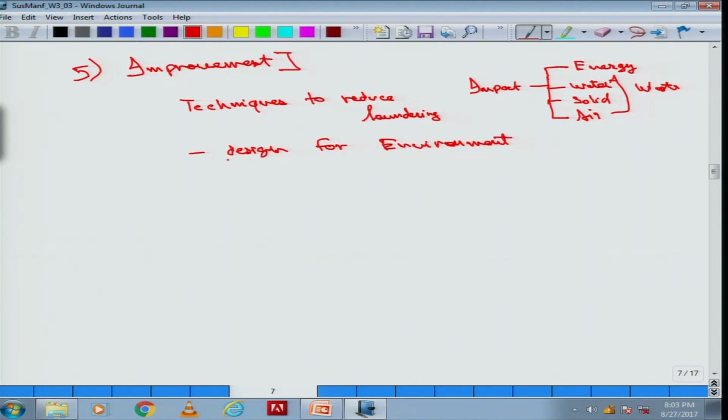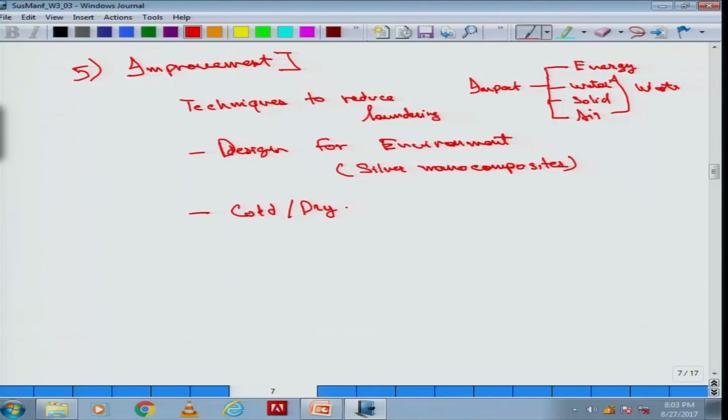How could this be done? Maybe using silver nanocomposites. Okay. Then what else we can do? We can cold wash or dry wash.